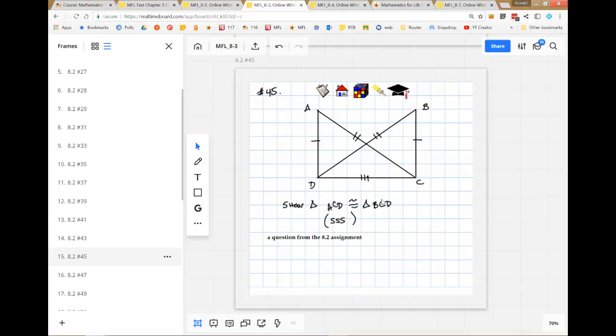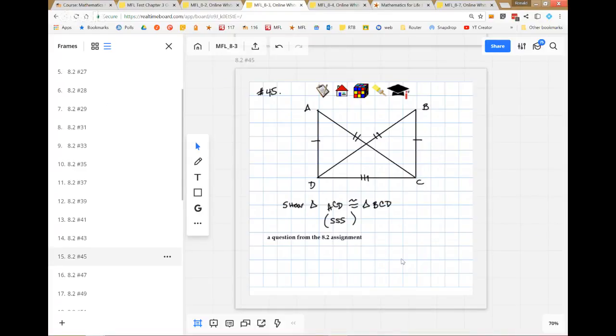Can you show that the 2 triangles are congruent? This is a bit shady because it's kind of a proof again. You see we have 2 triangles that are crisscrossing each other there, ADC and BDC.